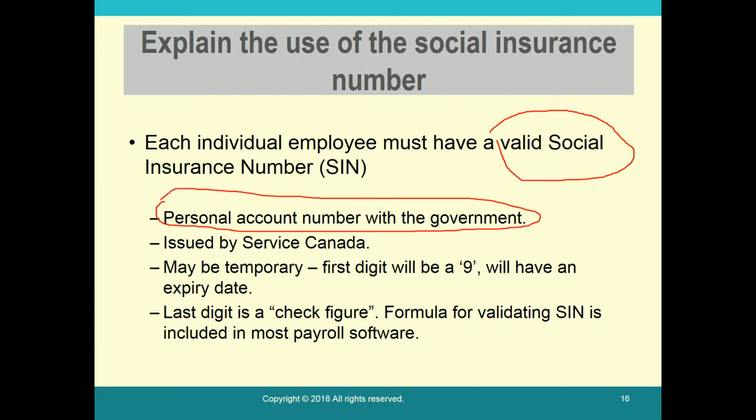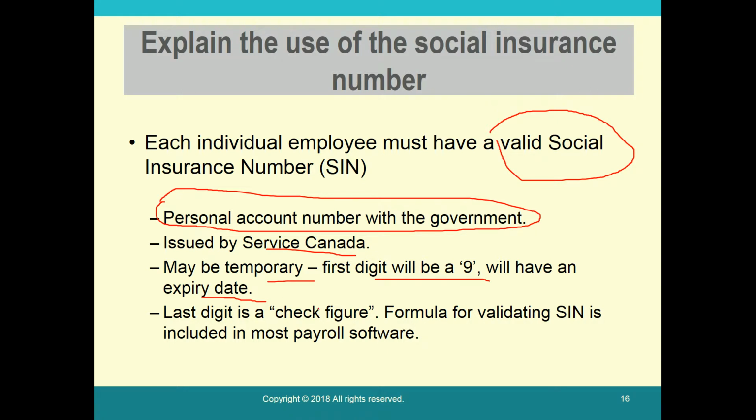One of the significant numbers is the social insurance number issued by Service Canada. It may be temporary; if it is temporary, the first digit will be 9. It will have an expiry date, and if we hire an employee, at the time of employment we should know when the expiry date is and check it later on.